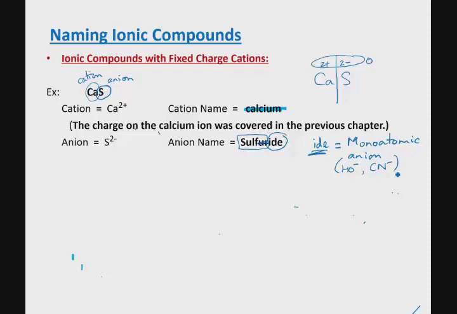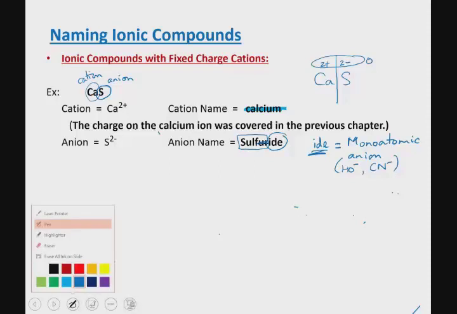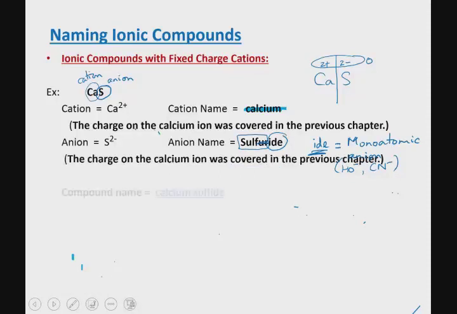Except for these exceptions, IDE anions represent monoatomic anions from that corresponding element. Okay, so in this case, sulfur becomes sulfide. Therefore, the name of the compound is calcium sulfide.